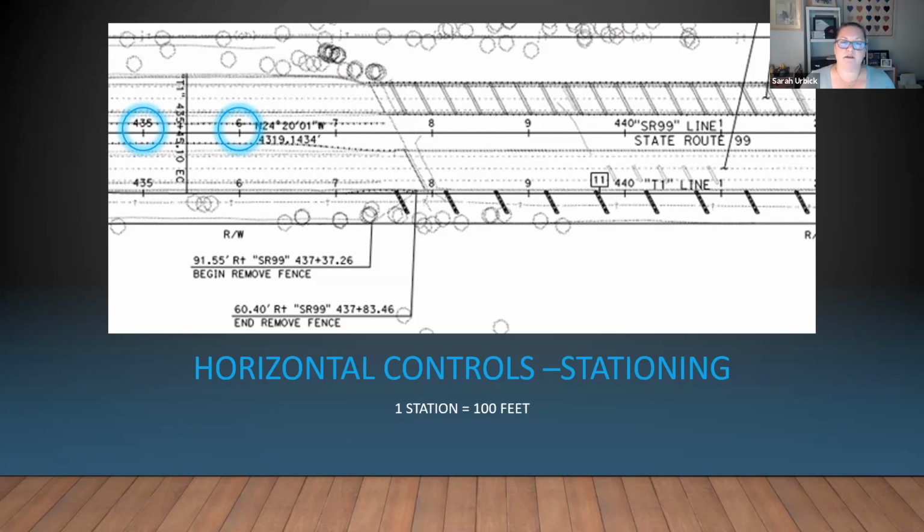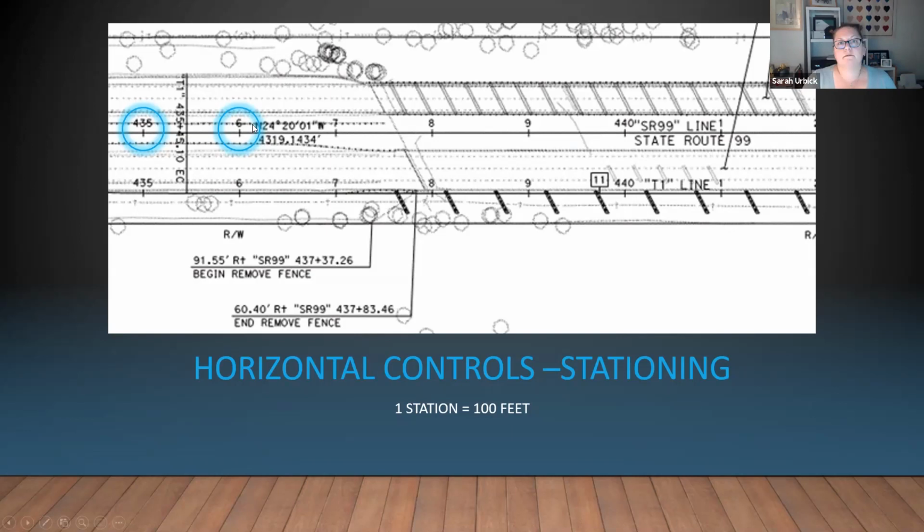It can depend on the scale that you're looking at as well. There's another screenshot that I could grab from the same exact set of plans where they go every 10 stations because they're zoomed out so far that you would lose that detail if we looked at every 100 feet.